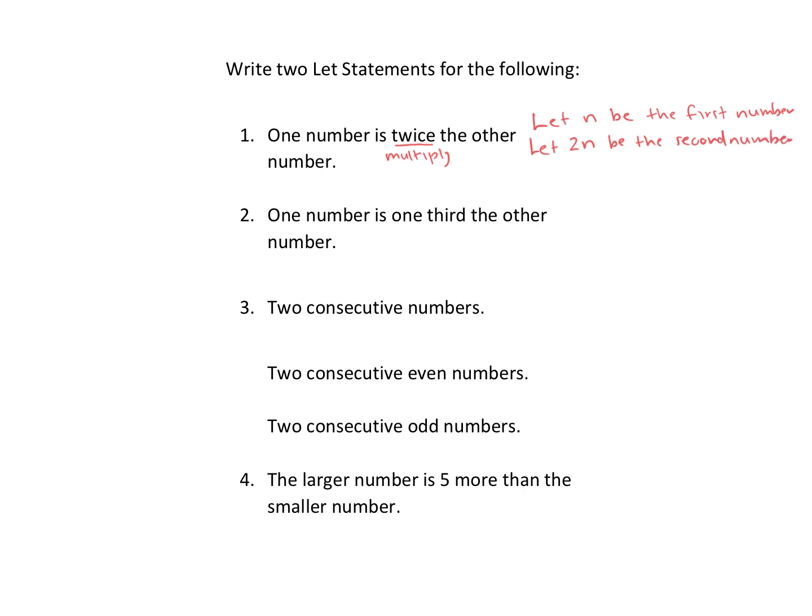So we're going to use the same letter. The first one will always be n or x, whatever you're using, and then the second one will be the same letter, but you're going to describe the relationship between the two. So in the second example, one number is 1/3 the other number. So I'm going to let n be the first number.